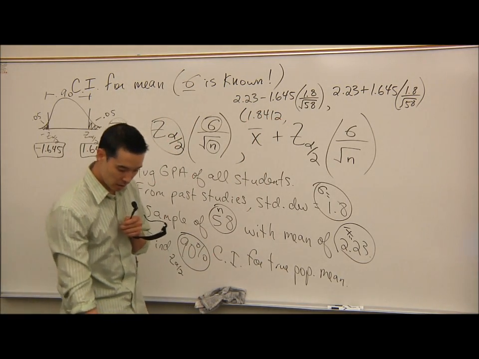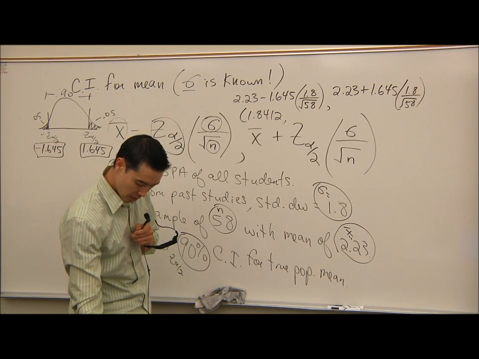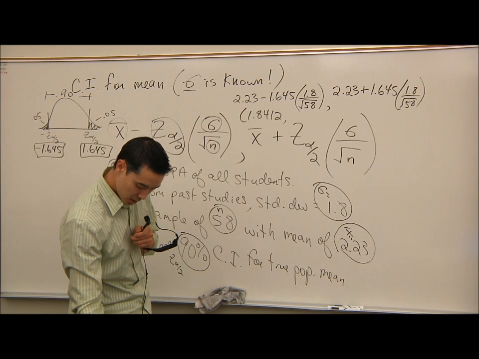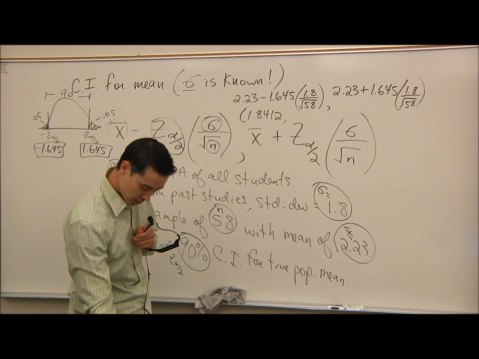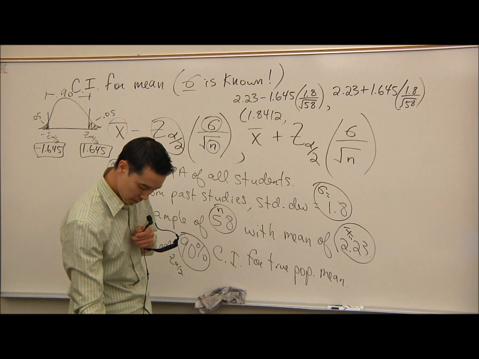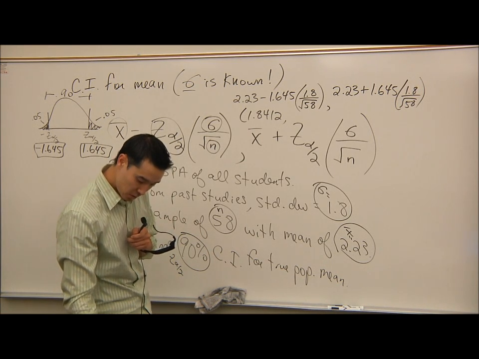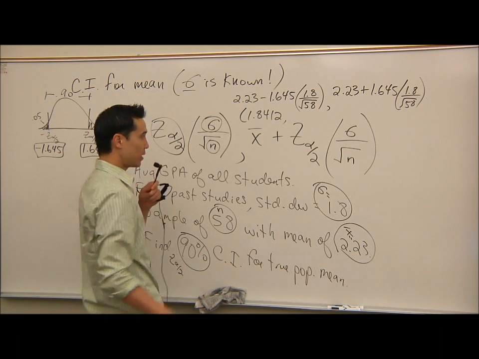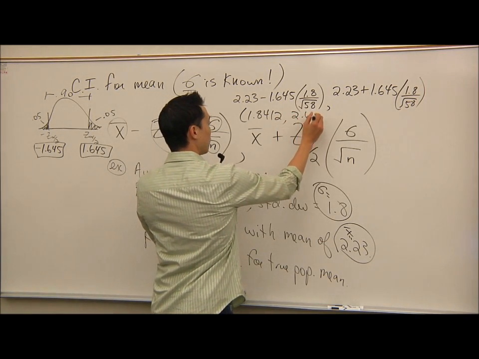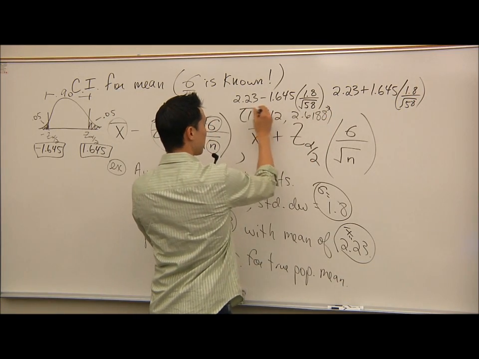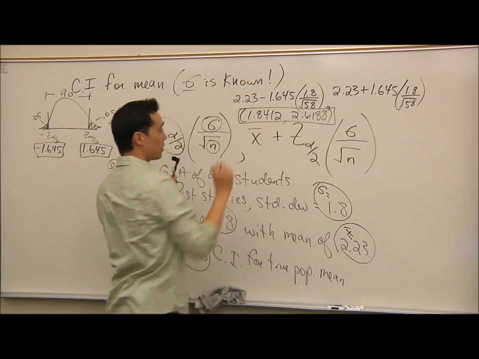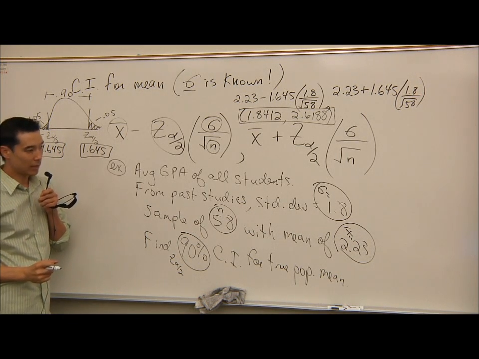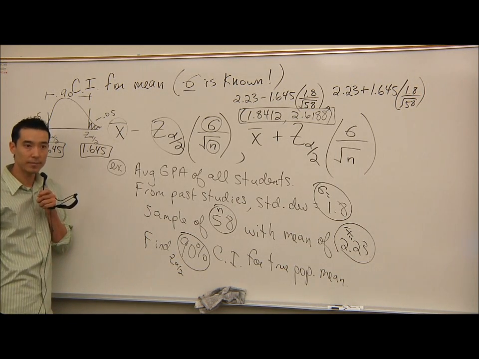And then let's find the other side, 2.23 plus 1.645 times 1.8 divided by the square root of 58. And I'm getting 2.6188. Okay, sorry it's kind of messy, but did everybody get that? 1.8412, comma, 2.6188. Okay?